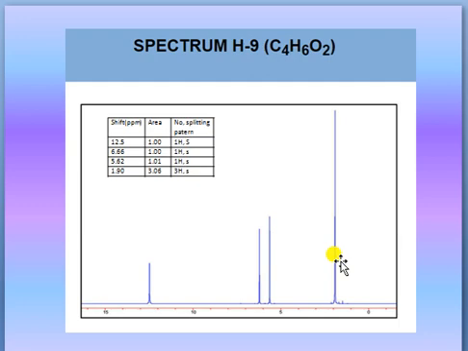So how is it possible? From this, we can see 1.90, 3 protons at 1.90. This is not keto.